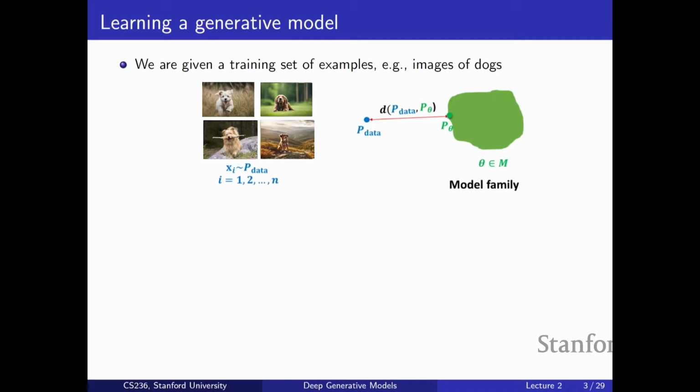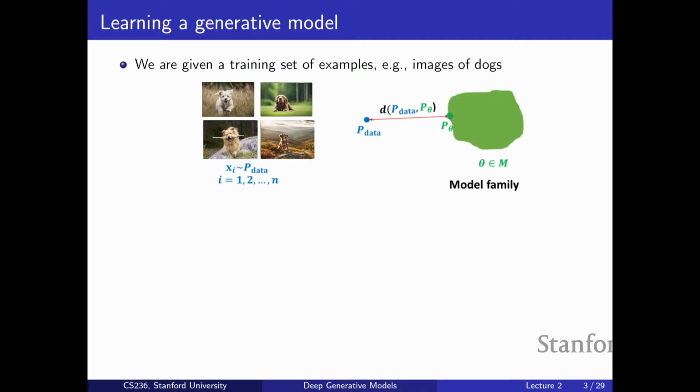Or if you have a distribution over images, then you can sample from the distribution and generate new images that hopefully are close to the ones you've used for training our model. To the extent that you're doing a good job at coming up with a good approximation of this data distribution, hopefully your samples are also going to be good.